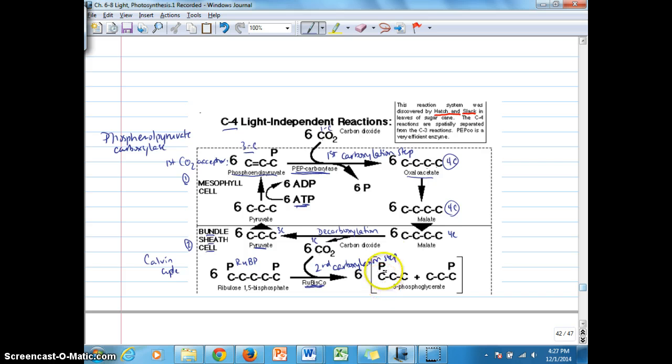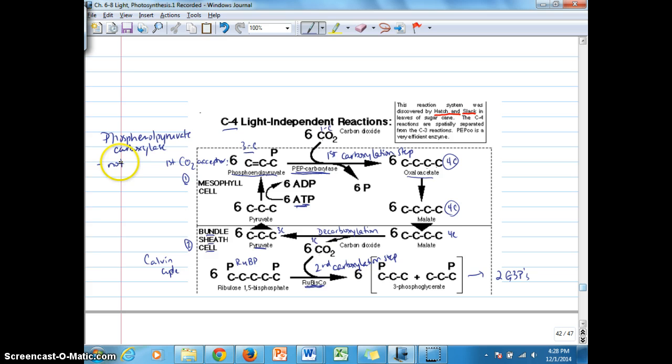And then we have our regular Calvin cycle happening here, resulting in 2 3-phosphoglycerates, and that's going to, of course, then move on to form two G3Ps, and so forth.